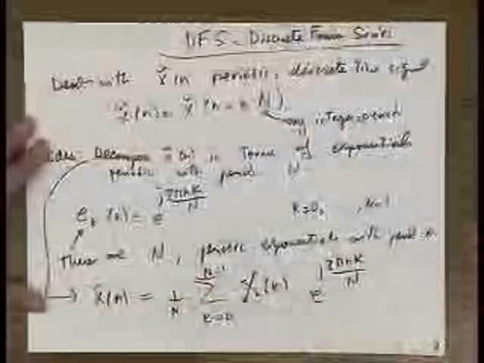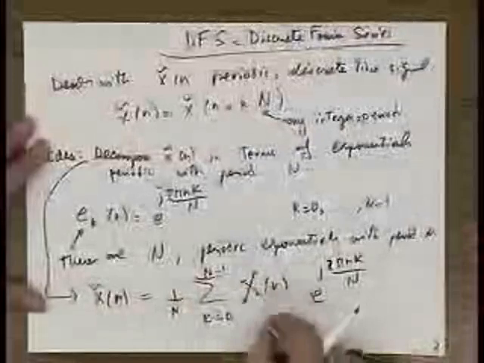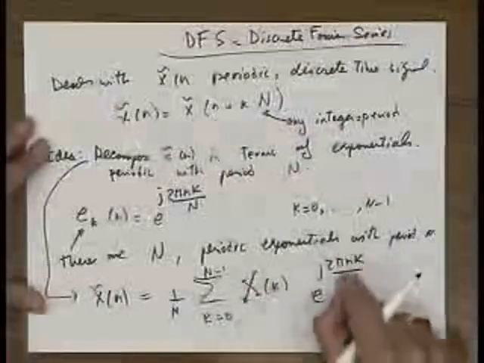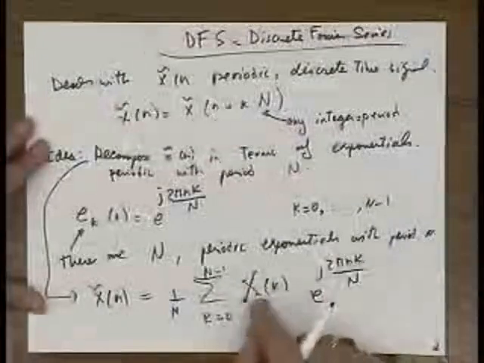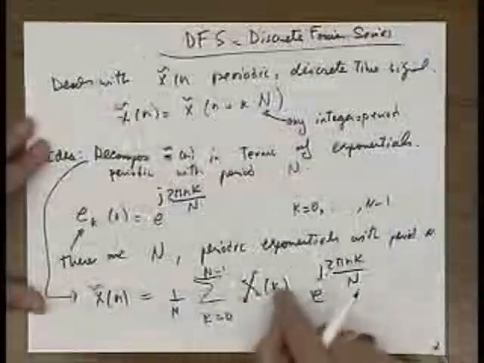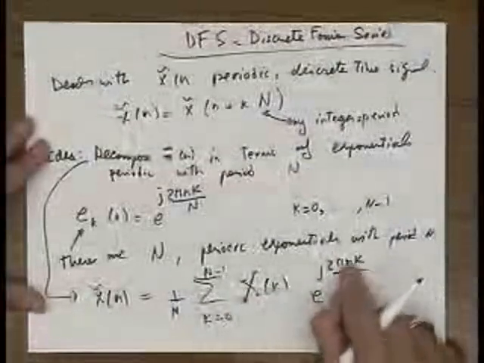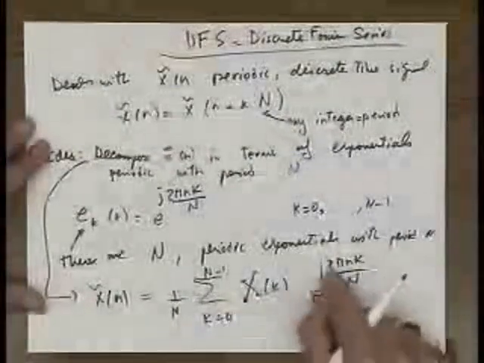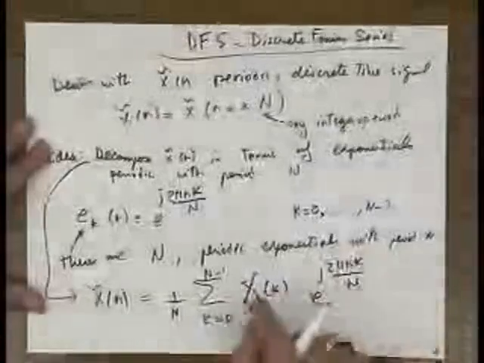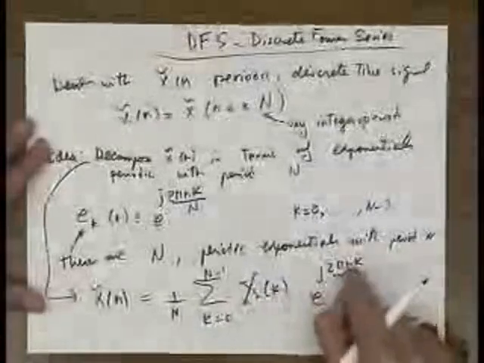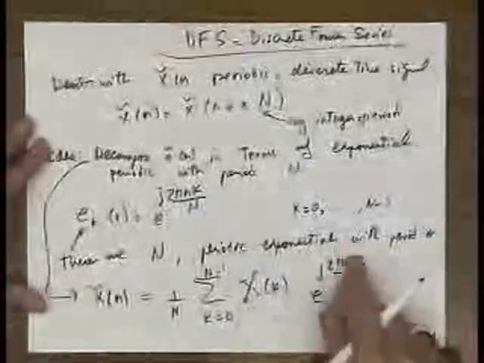So it's a weight times the exponential with k equals 0. Capital X of 1 is the weight corresponding to the exponential e to the j 2 pi n over N. X of 2, e to the j 2 pi 2n over N. X of 3, e to the j 2 pi 3n over N.